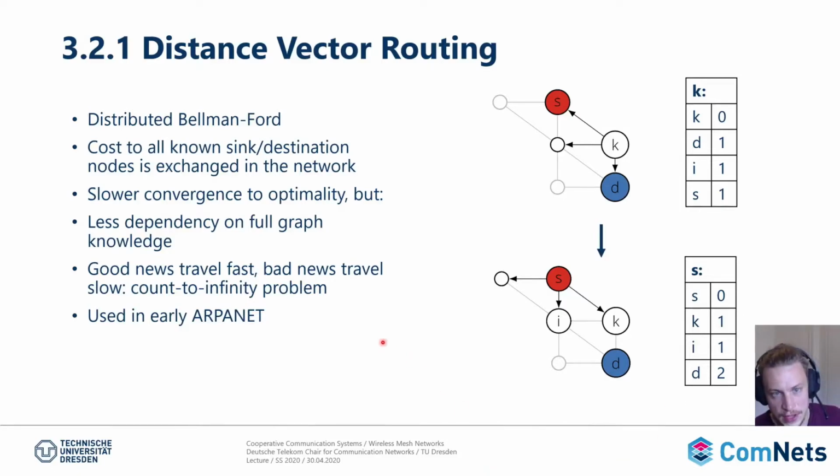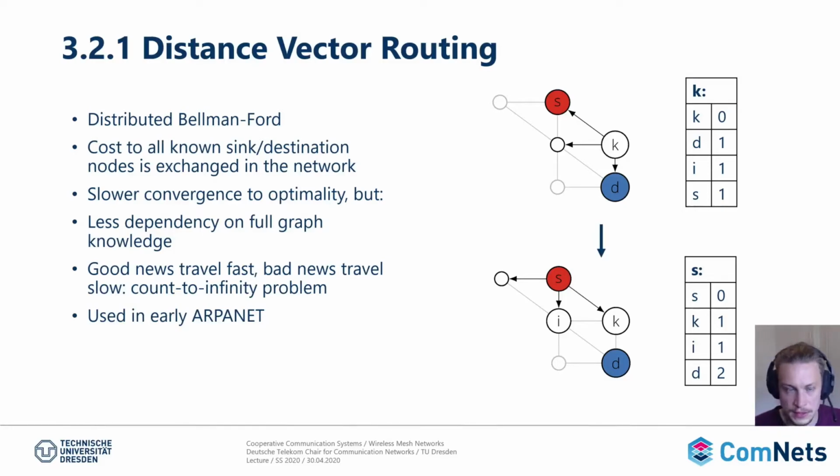A characteristic of this class of algorithms is that if a new link arrives, the good news travels fast, so the other nodes know it very soon. But if a link goes away or fades away, the information about this will not arrive very soon and may lead to the count-to-infinity problem.